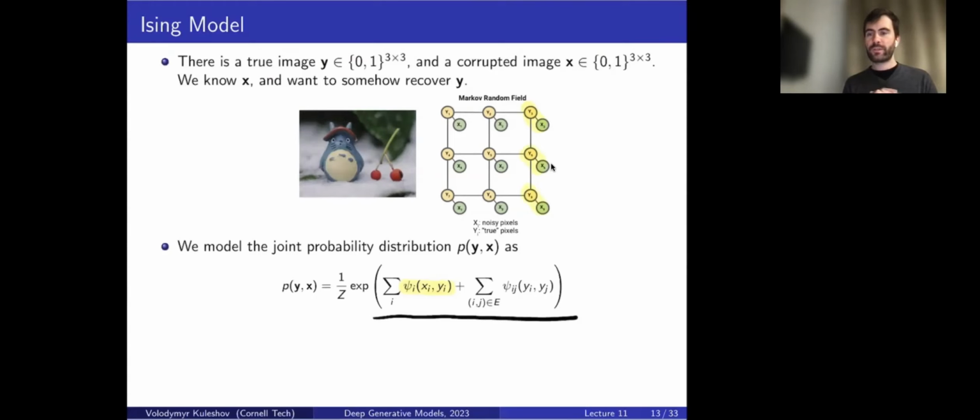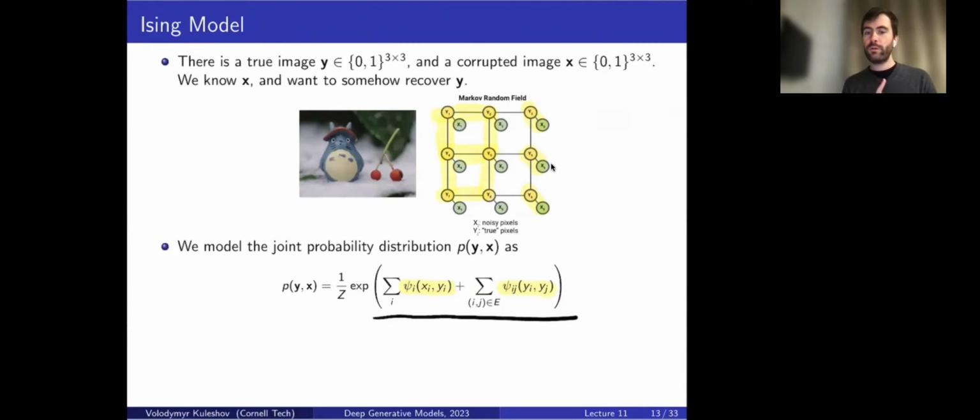So the y and the x's, you can think of them as being 2 grids of pixels. We want to infer the true y from a noisy version x. And in this energy, I have a sum over pairs of pixels x, y and over pairs of neighboring pixels yi, yj. So by yi, yj, I mean that I have a term for each neighboring y here in this grid.